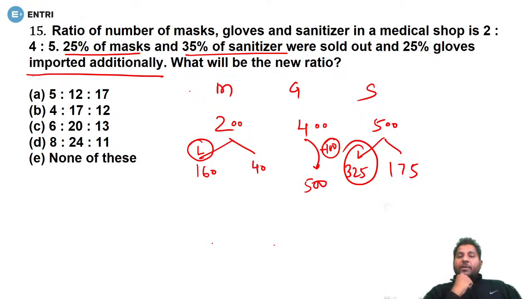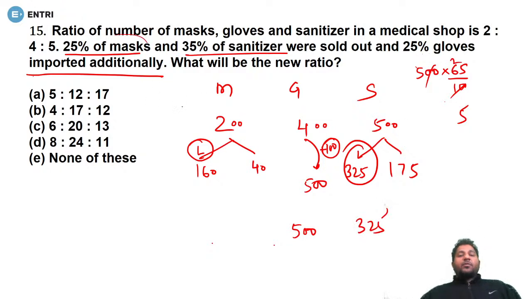Imported means added. So if 25% is 1/4, that means 100 is added, so the gloves will become 500. While 35% sanitizer sold out, that means 65% have been left, so 325. And for masks, 25% sold out, so that's where I made a mistake.